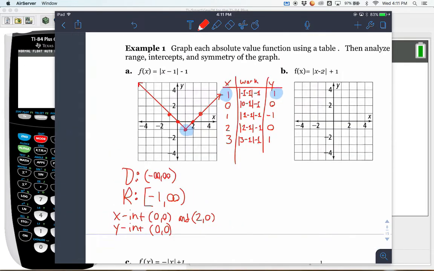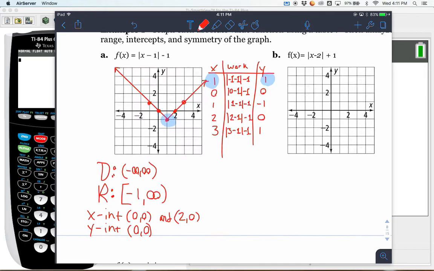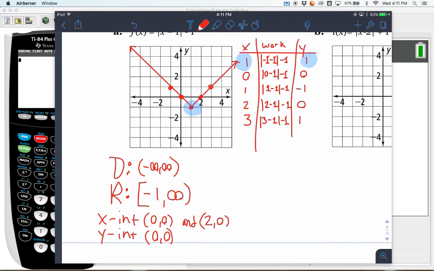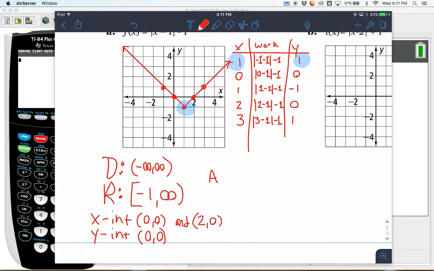And then the symmetry of the graph, we call this the axis of symmetry a lot in math. So the axis of symmetry is going to be this line right here, this little dotted line that I'm drawing right there. And that goes through 1 right there.